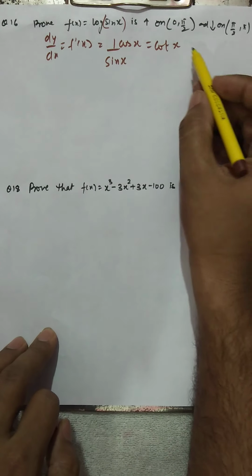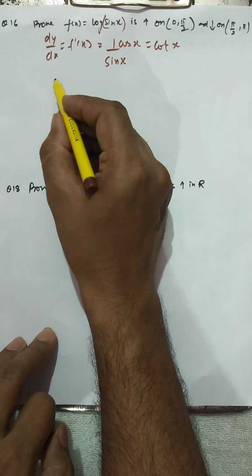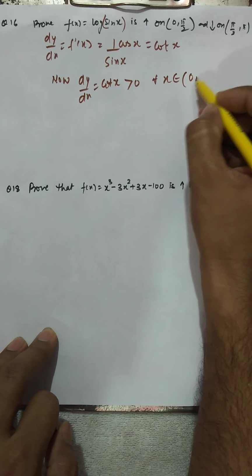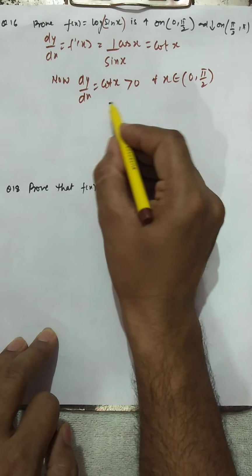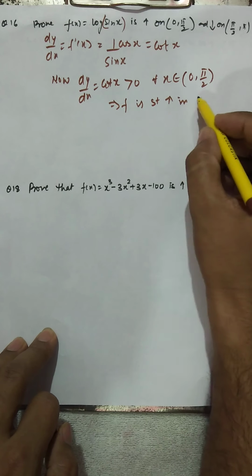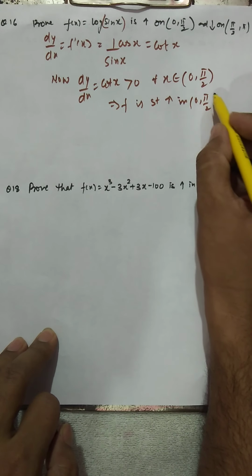And you know that dy by dx equal to cot x is always positive for all x belonging to 0 to pi by 2. So it implies that f is strictly increasing in 0 to pi by 2.